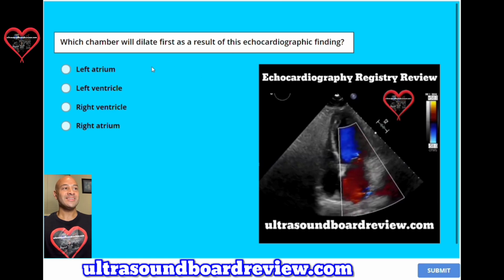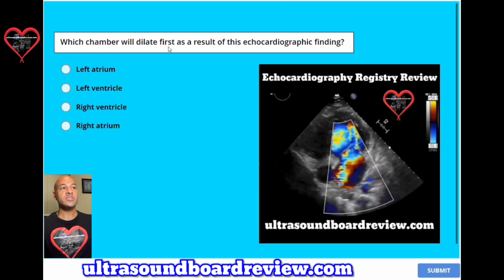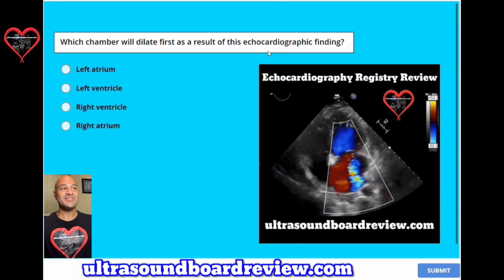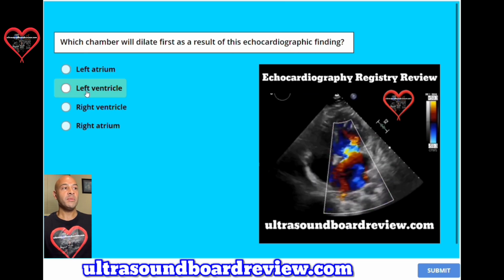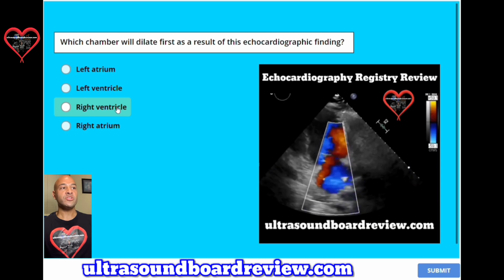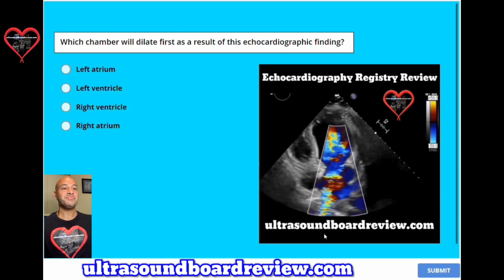Question 148. Which chamber will dilate first as a result of this echocardiographic finding? A, left atrium, B, left ventricle, C, right ventricle, or D, right atrium?